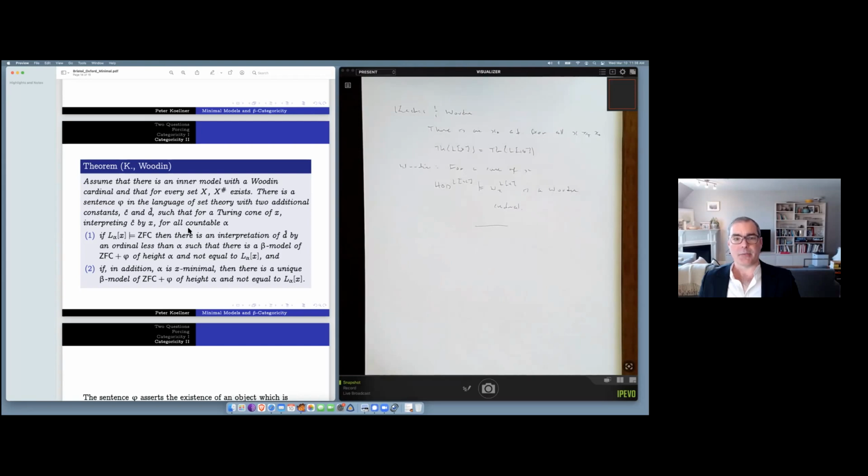All the inner models that were being built had a projective well-ordering of the reals, but then the result of Shelah and Woodin showing that if you have sufficiently many Woodin cardinals, then all projective sets are Lebesgue measurable, showed that that machinery was going to have to change.